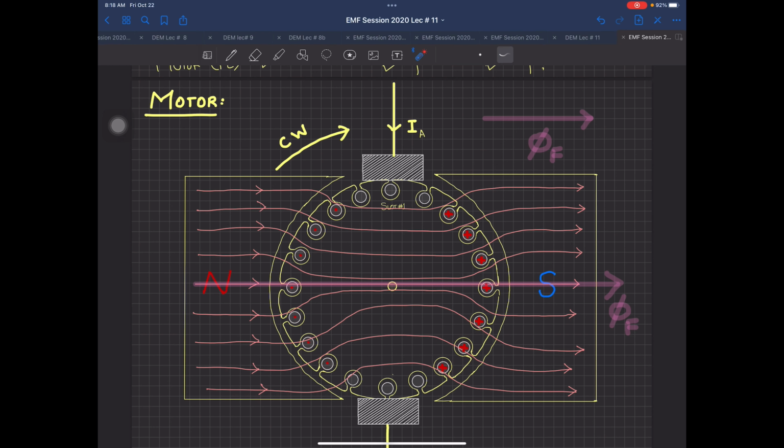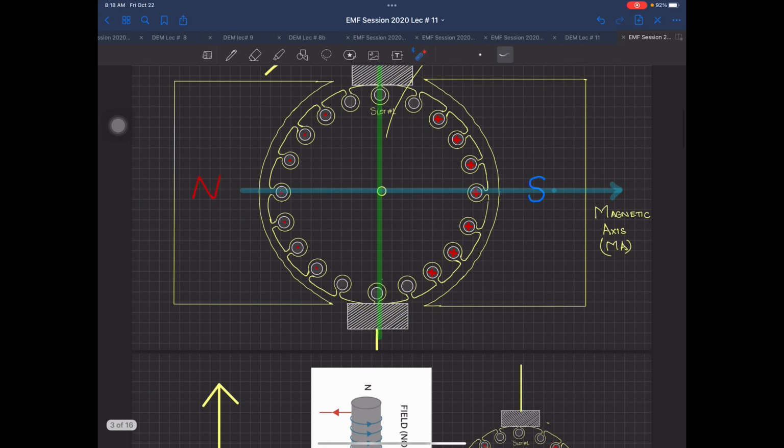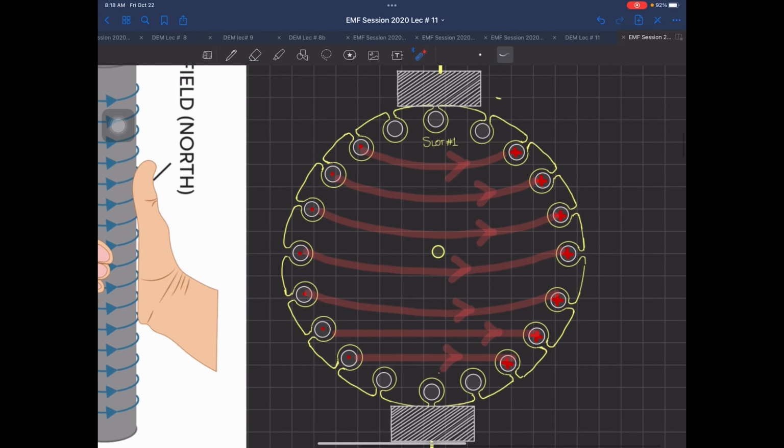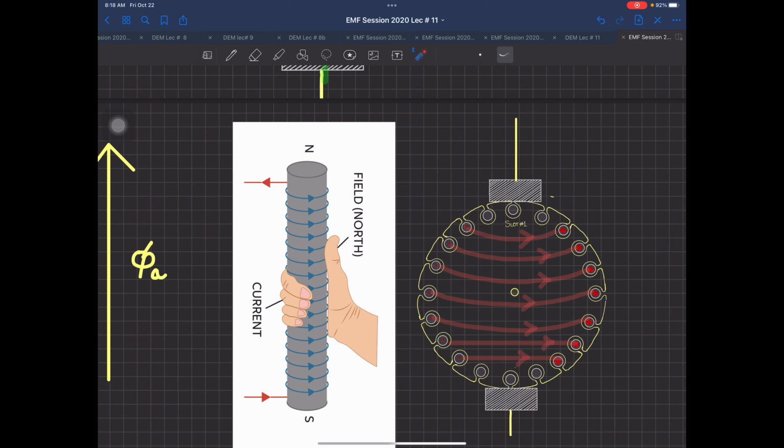So this whole cross and dot arrangement over here is going to be something like this. If you have a solenoid over there, this shaded line over here is actually working just like a solenoid, and these crosses and dots are working as a solenoid, producing a magnetic field in this direction, which will be called phi A. Just like this right hand rule: you use it with the thumb pointing out the direction of the flux, and the fingers the direction of current.